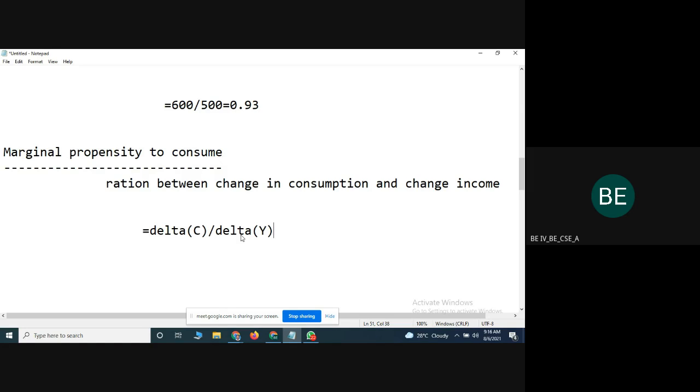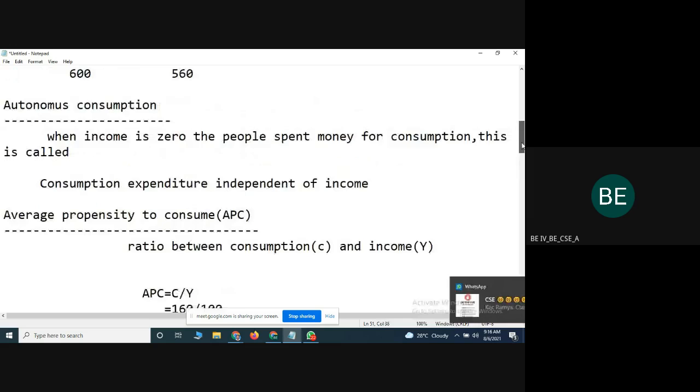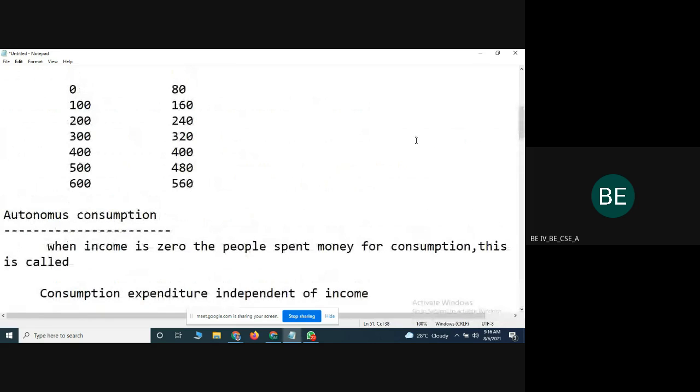I will take one scenario to calculate the marginal propensity to consume. I'm going to consider this table.